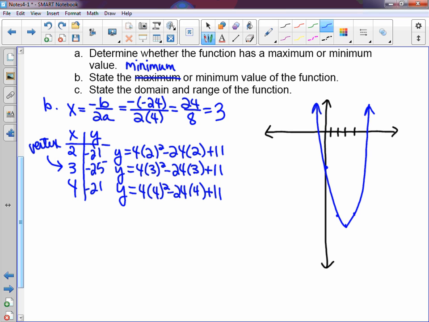If it makes it easier, put a negative 25. I mean, just kind of mark it for me. I don't expect you to count out to negative 25. If you'll just mark it, I know you're kind of guessing where you plot it. Okay?